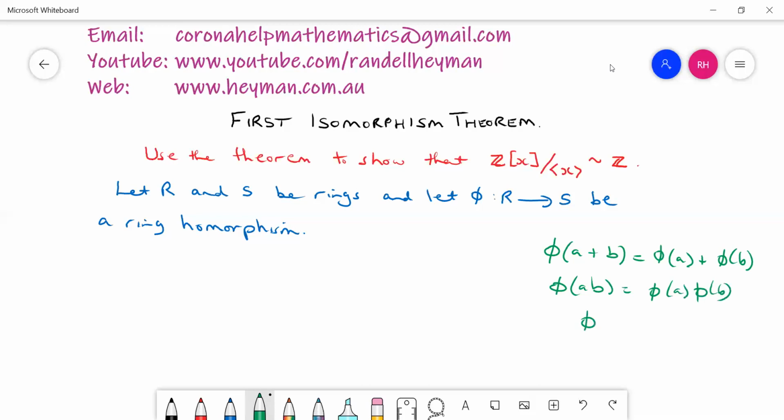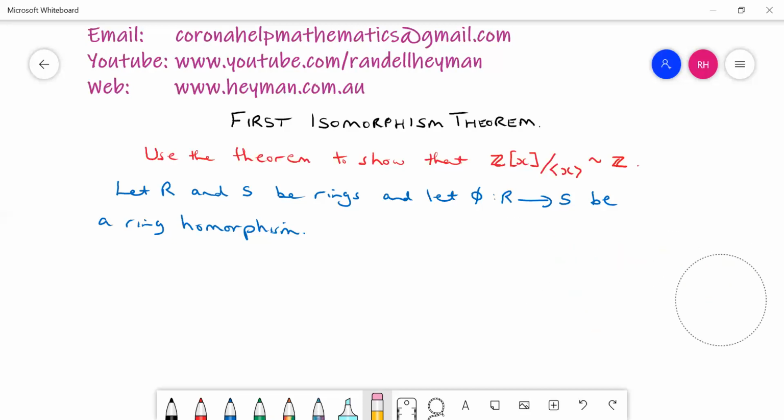And finally, you need that phi of 1 is equal to 1. I've done that in a previous video, so I'll probably refer to it here, but I'm not going to go through a proof that something's a ring homomorphism. It's pretty easy. If you've got questions on it, just let me know. Okay, so I'm explaining this as we go a bit.